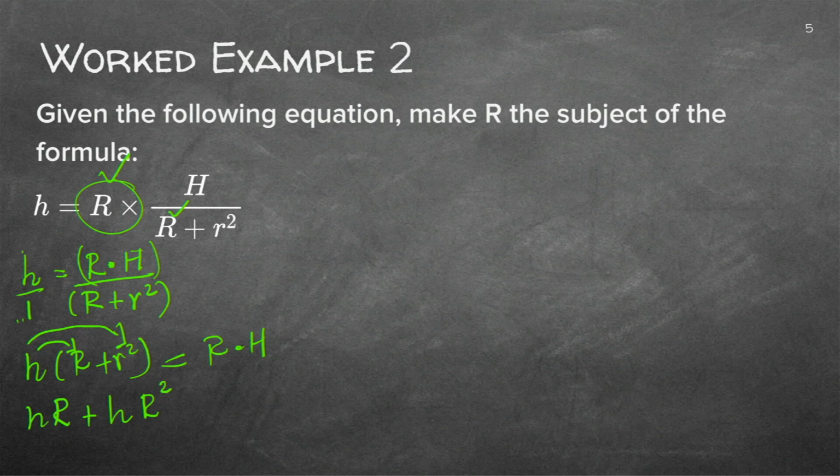So you have h multiplied by R, and also h multiplied by R squared.